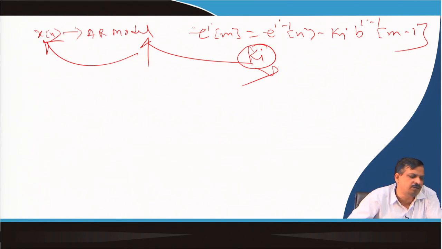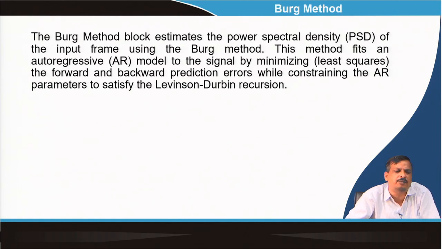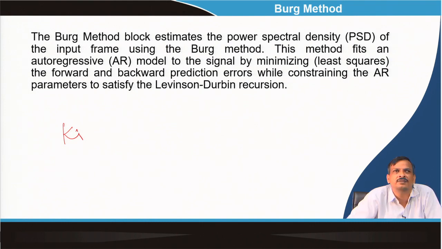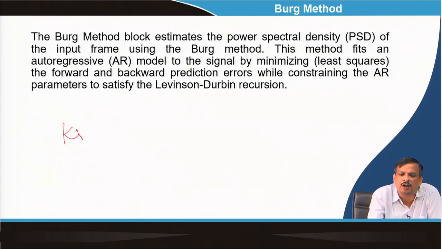There is another method. That method is called Burg method. I have already discussed Burg method, calculating Ki during the linear prediction, calculation of the Ki value using Burg method. So, what is that? Estimate the power spectral density of an input frame using the Burg method.